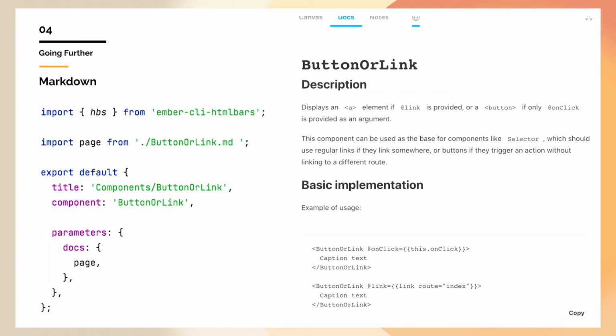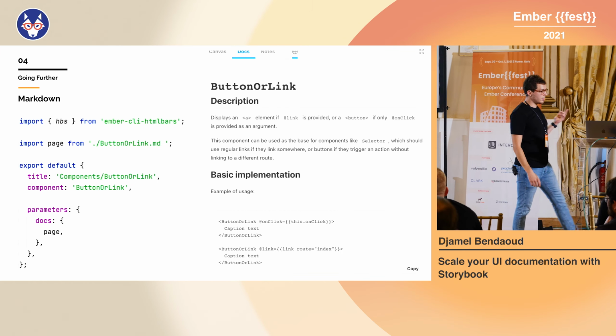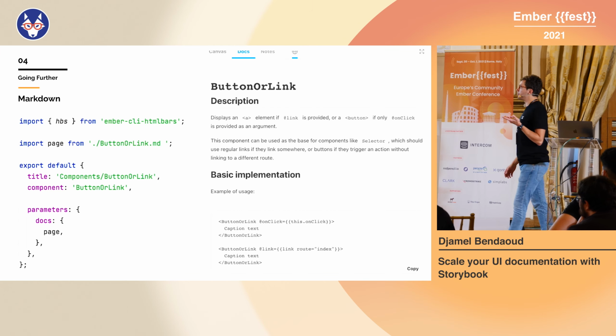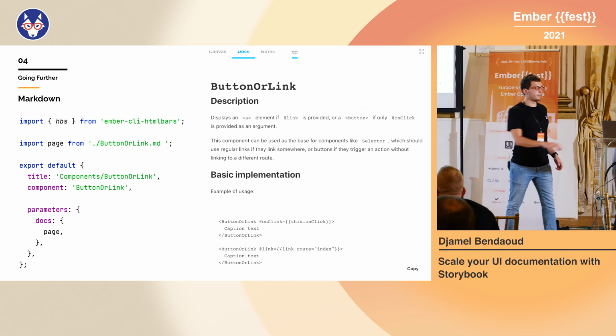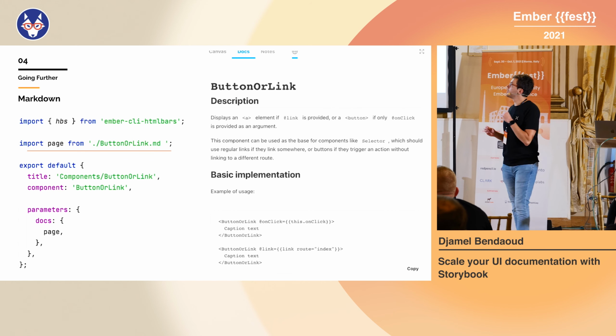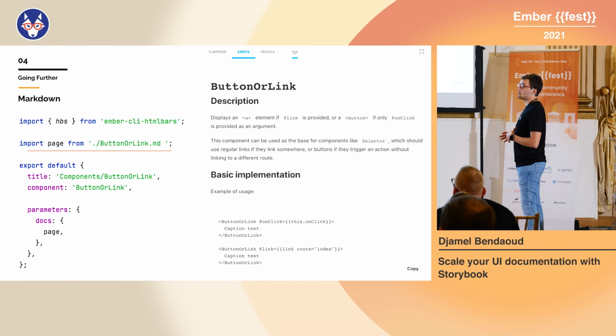One easy way to do it is to add Markdown to your components. There is a package named Storybook Markdown, something like this. You add it and register it to your Storybook. It will create a new docs tab aside the canvas one. From there, you will be able to import your Markdown directly in your story. The Markdown is classic Markdown.